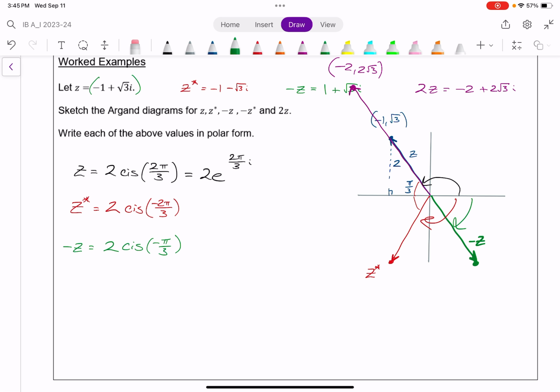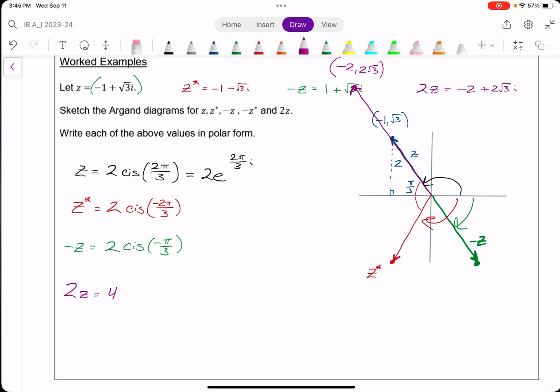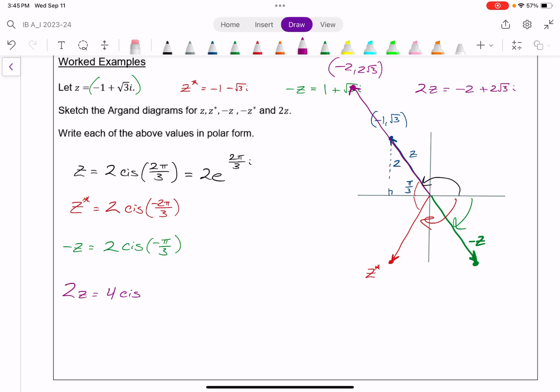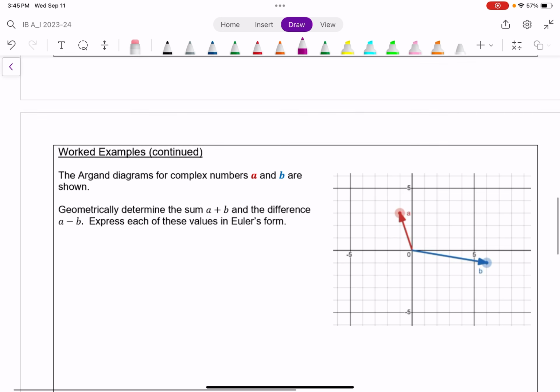And finally, where I stretch this to 2z, will have twice as long of a modulus or absolute value, but the same angle as the first one. And obviously, at this point, I could write each of these in Euler form really quite quickly. So I'm too lazy to do that.